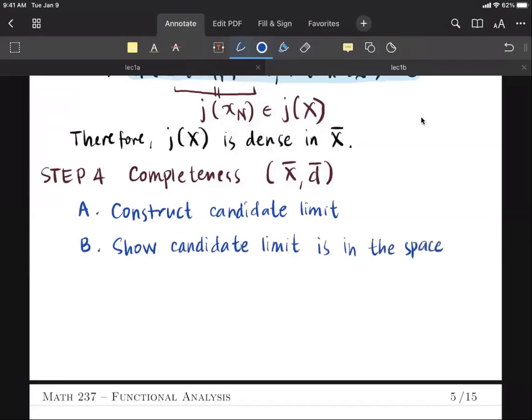And then finally, show or verify convergence of the Cauchy sequence to the candidate limit.